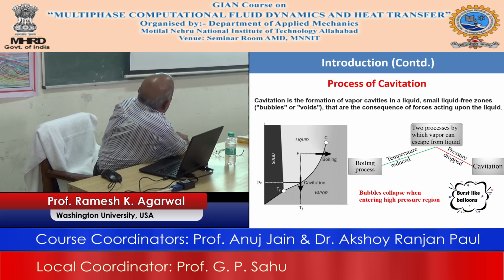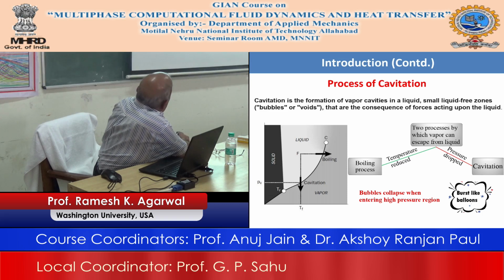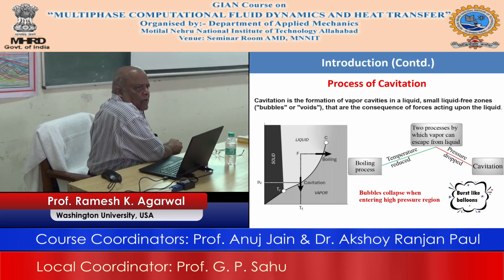At a given temperature, let us say close to atmosphere, but it need not be, there is a vapor pressure, and if the pressure goes down, then the liquid evaporates into vapor. Once it evaporates into vapor, it forms a bubble. That is the basic mechanism of creating these bubbles.